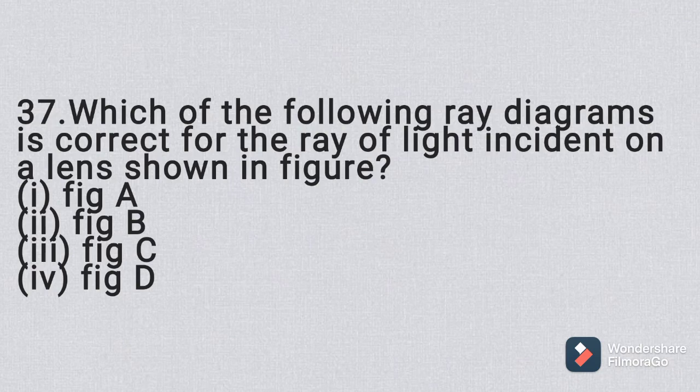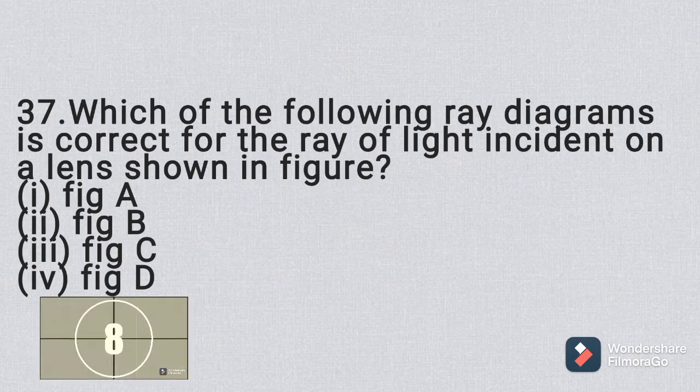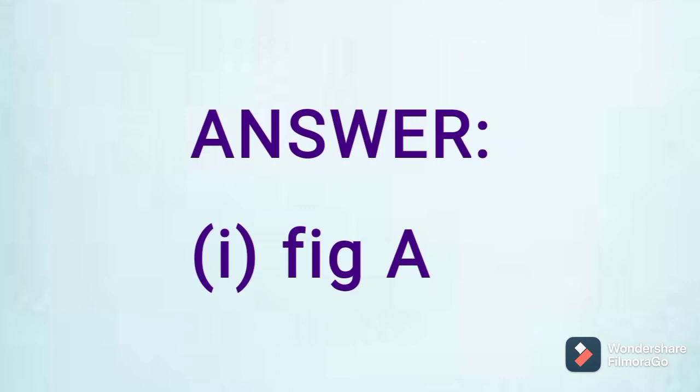Which of the following ray diagrams is correct for the ray of light incident on a lens shown in figure? Options 1, figure A, 2, figure B, 3, figure C, 4, figure D. And the answer is option 1, figure A.